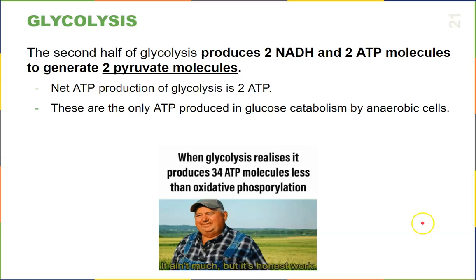We also create, which are also equally important, 2 NADH and 2-pyruvate. So these are going to move on to the mitochondria if available. Okay. So glycolysis realizes it produces way less ATP than oxidative phosphorylation, but at least it's honest work. At least it's something. So it's some energy.